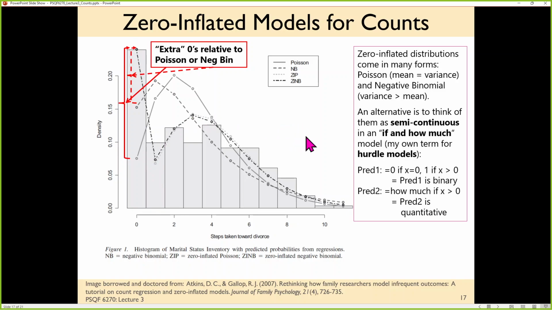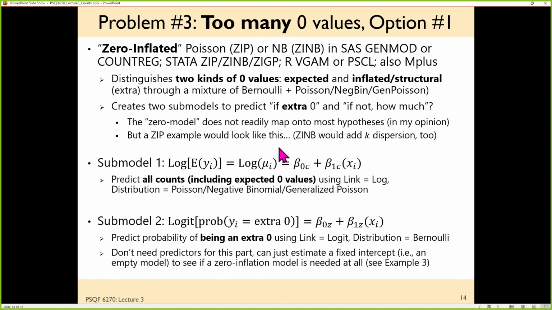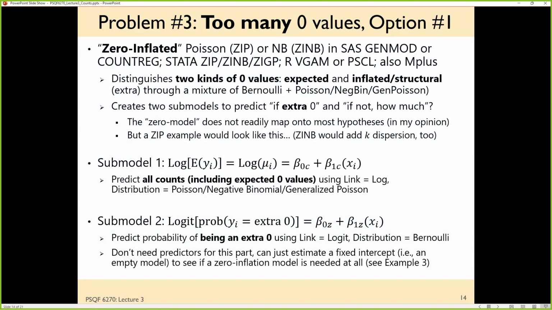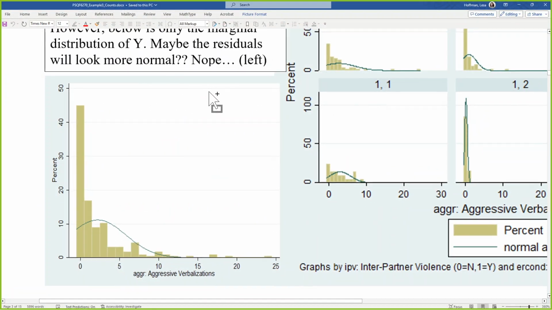So we can ask, do we need this extra submodel? What is the logit of the probability of being an extra zero? And you can just estimate an intercept only, or you can actually throw predictors in there. So let's look very quickly at that, because it's not going to go well.